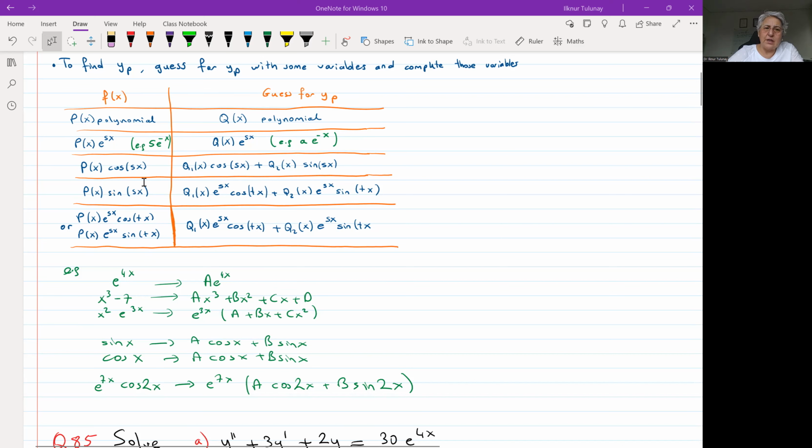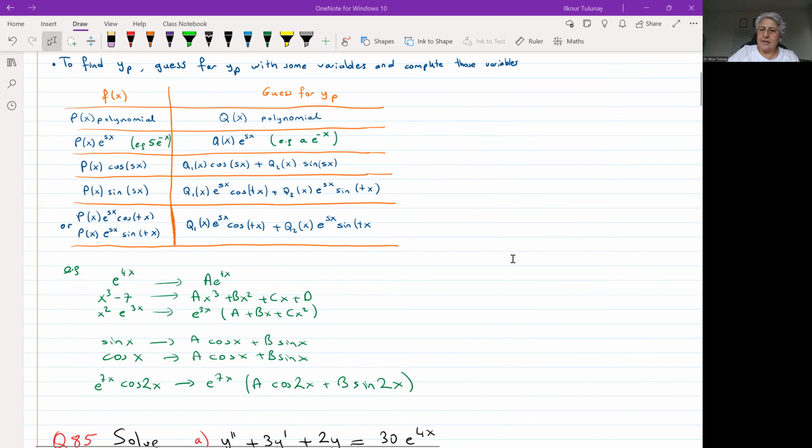If you have cos x and sin x, they will be generalized as some constant times cos x plus some constant times sin x, and both of them have the same guess. Again, if you have a polynomial there, you will generalize your polynomial in the general form.